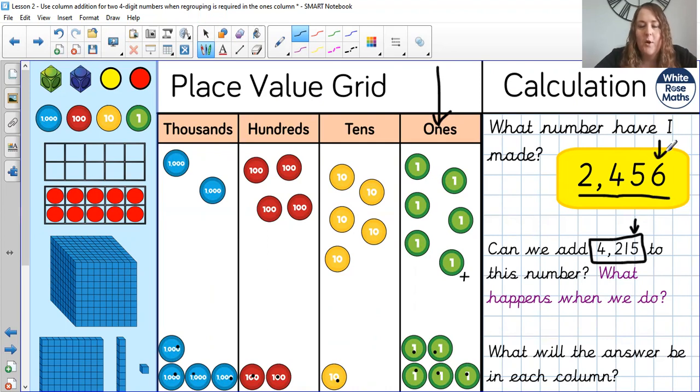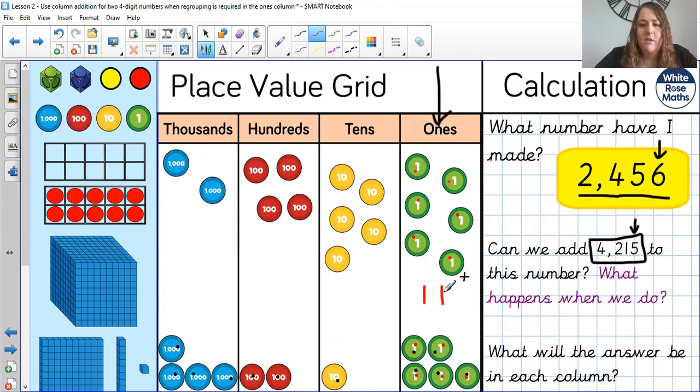So this ones column here, something is going to have to regroup. I've got my ones column here, 5 and a 6. We know that's going to go over the tens barrier. So let's see what happens. How many ones do I have in total? 1, 2, 3, 4, 5, 6, 7, 8, 9, 10, 11. Now what happens if I write 11 in that ones column? Does that work? Hopefully you're telling me, no, Miss Fowler, it doesn't.